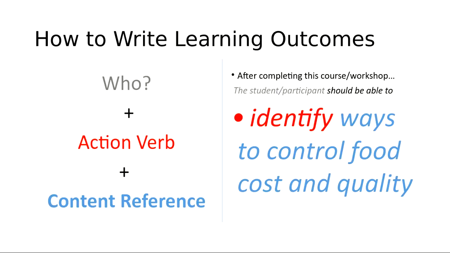And the most basic way of writing an objective is, we say that the objective has certain parts. And so the most basic way is you first write the who, which is the student. So you start off with a phrase that says, after completing this course or workshop or program, the student should be able to, and some people ask, should we say will?